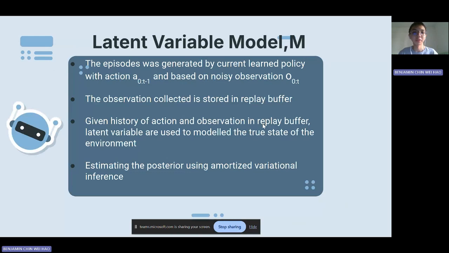So the latent variable model is used as the episode is generated by the current policy with action a, based on noisy observation. The observation collected is stored in the replay buffer, which is similar to the experience replay that we learned. So given a history of action and observation in the replay buffer, latent variables are used to model the true state of the environment, estimating the posterior using amortized variational inference, which is a probabilistic method.